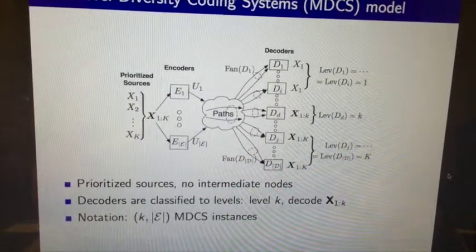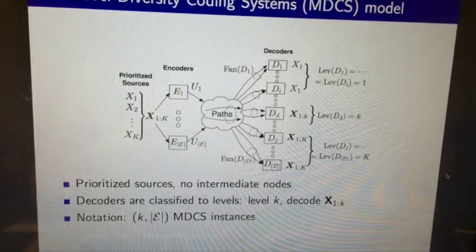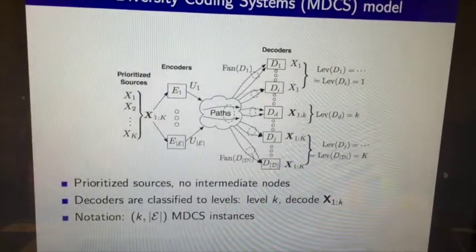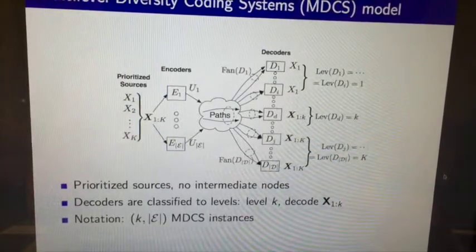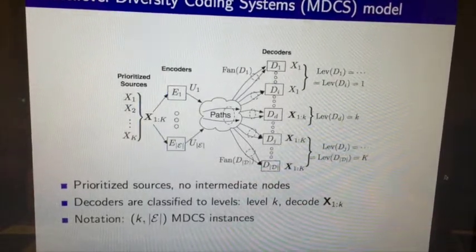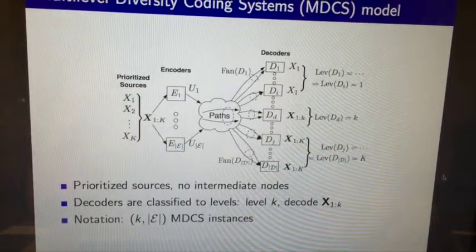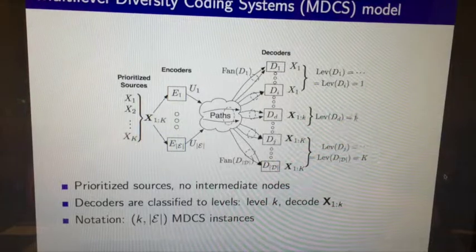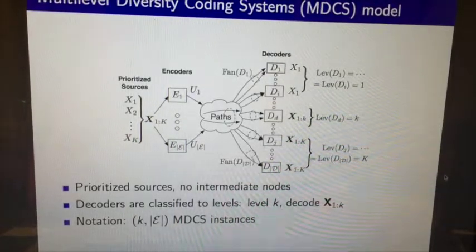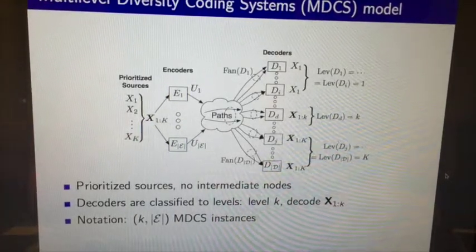Decoders are classified into levels, where a level K decoder must decode X1 to Xk. It does not consider intermediate nodes, and decoders have access to subsets of encoders.